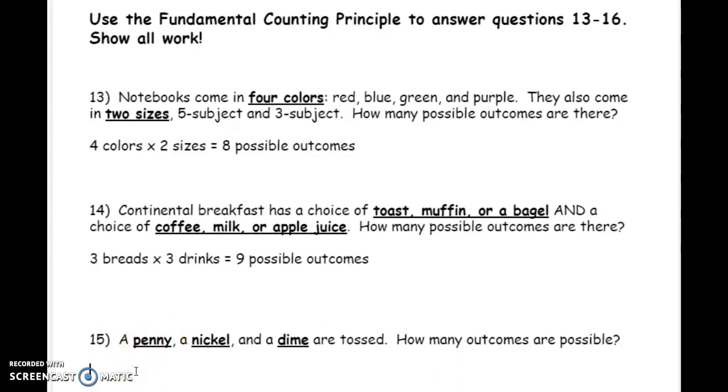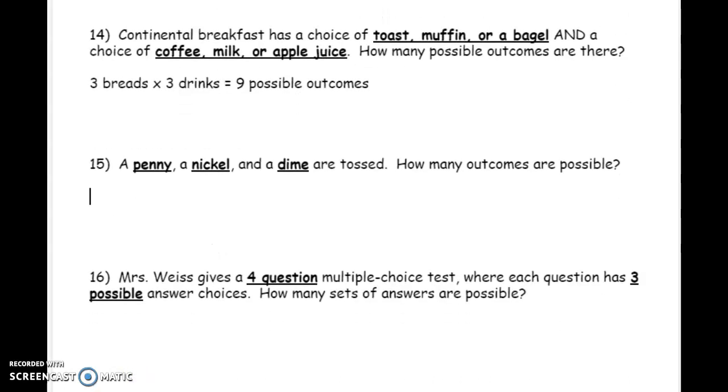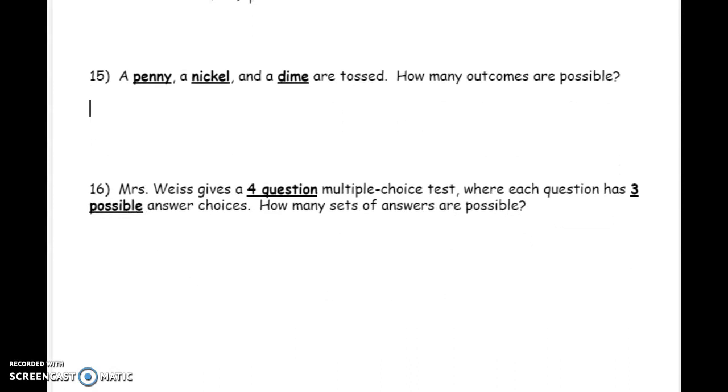15. A penny, a nickel, and a dime are tossed. How many outcomes are possible? Now, this is a little tricky, because when we toss any coin, we have 2 possible outcomes, which are head or tail.